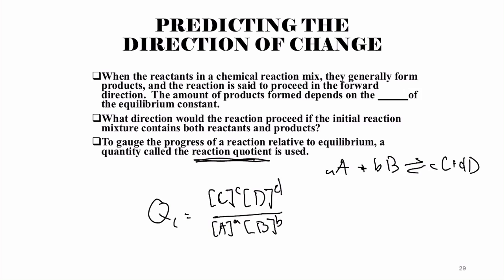When we're looking at an equilibrium constant, the amount of products or reactants in a reaction mixture depends on the value of that constant. If the equilibrium constant is much larger than 1, what's favored? The products, and if it's much smaller than 1, the reactants. The reaction quotient takes that idea and applies it to non-equilibrium concentrations.